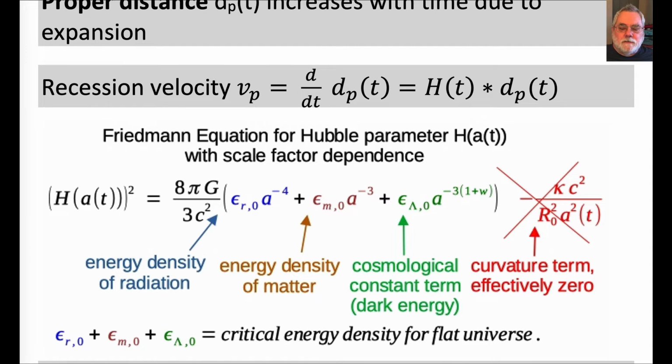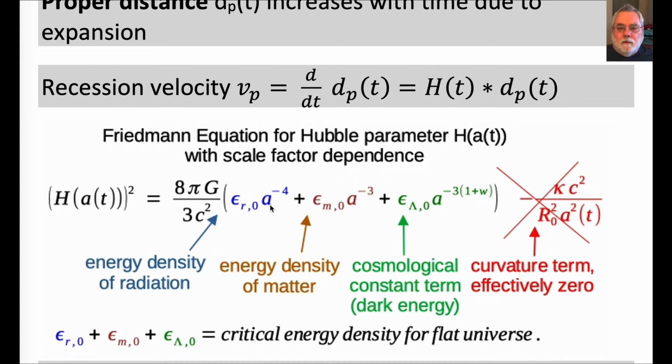In the main course, we learned how the Hubble parameter, H, varies with the energy densities of the components of the universe. Those energy densities vary with the scale factor, a of t, which varies with time.